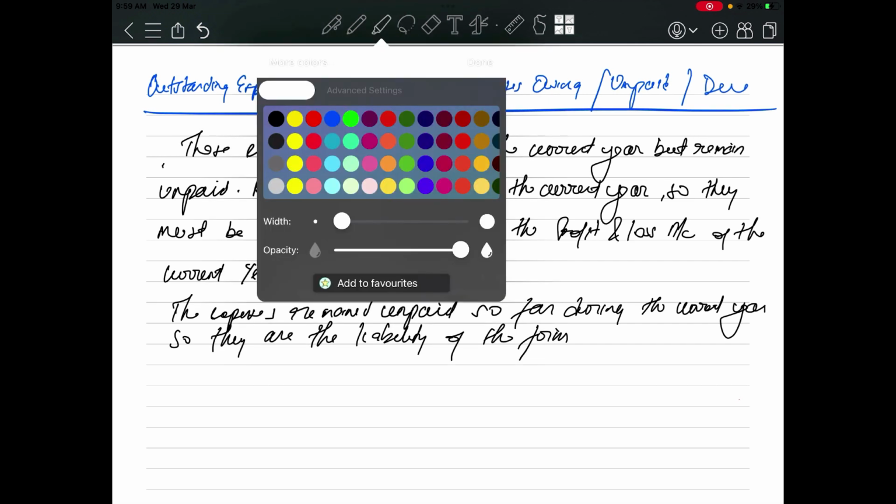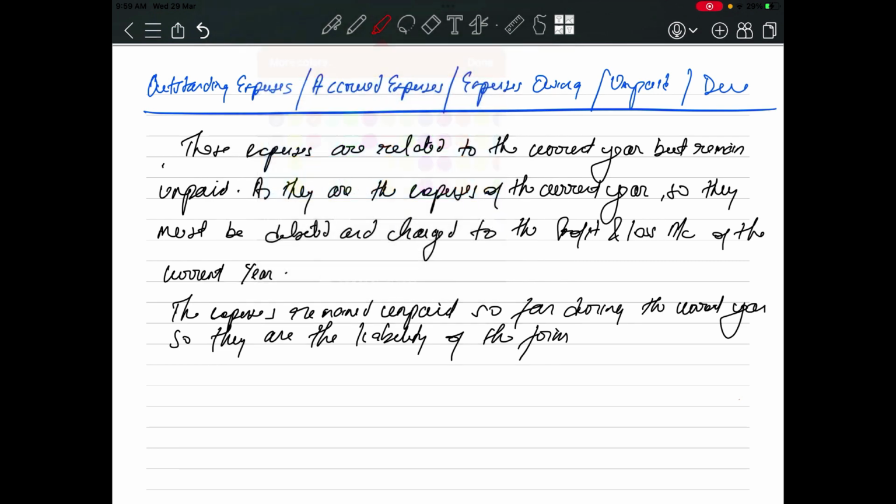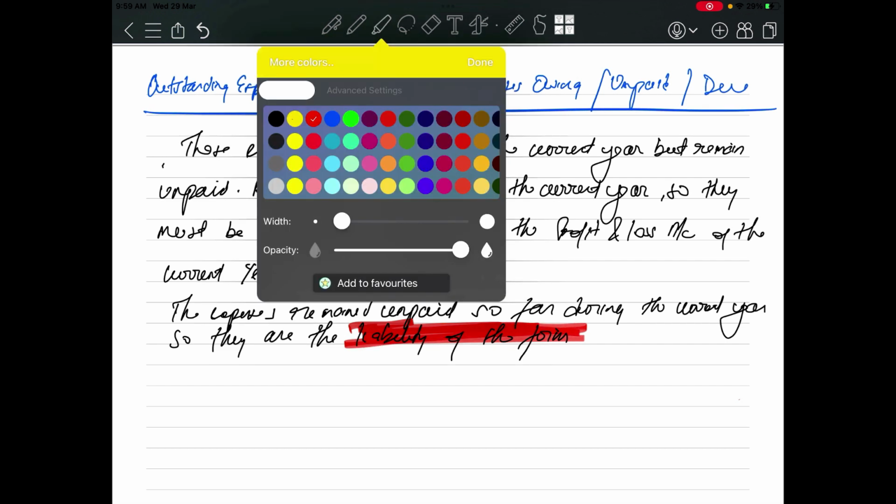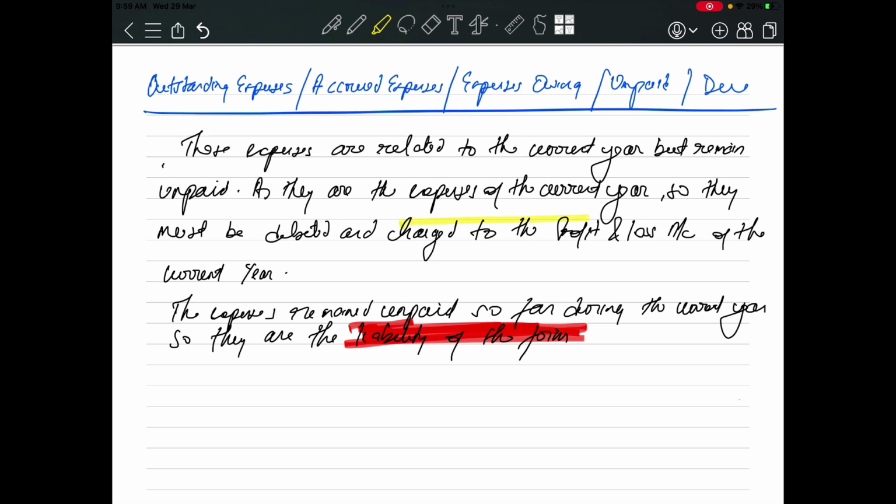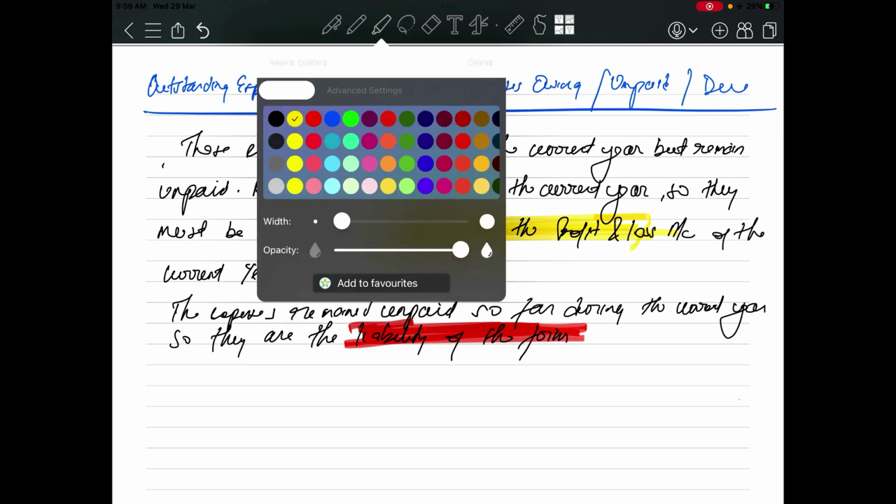Okay, two important points here. What? Liability of the firm and charge to P&L account. Two important words here.